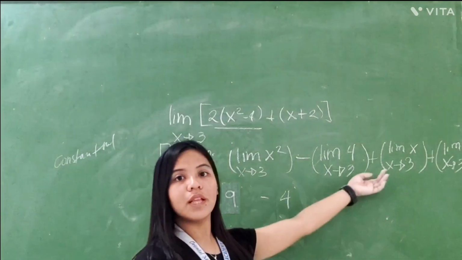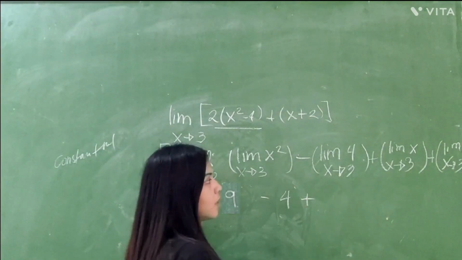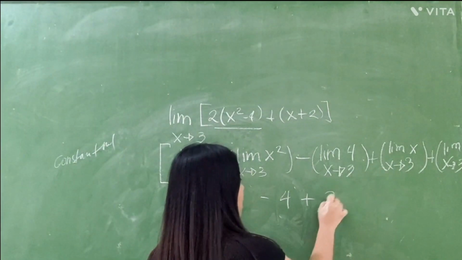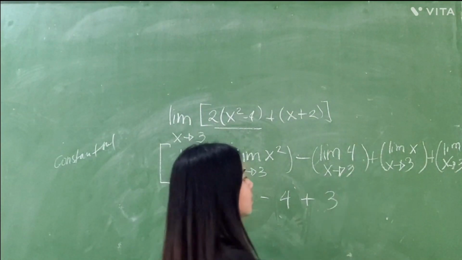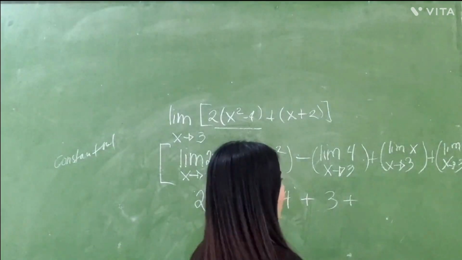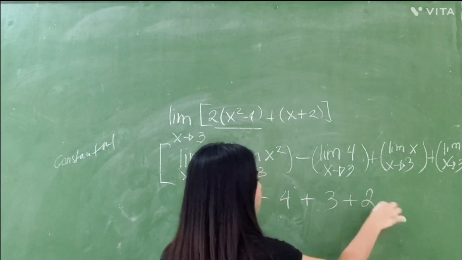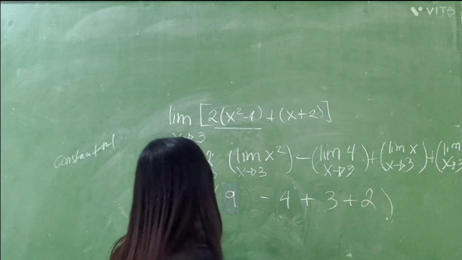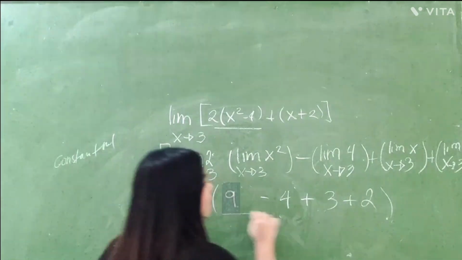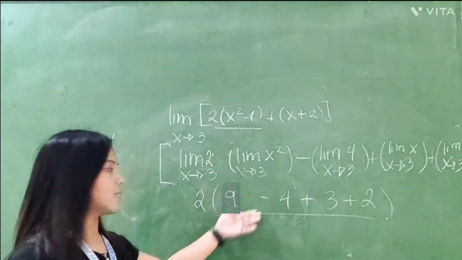So the next is we will add it, and we will use again the limit of x, which is the answer will be 3. And in the last part, we will use the limit of constants again, and the answer will be 2. So before anything else, we will try to solve this.